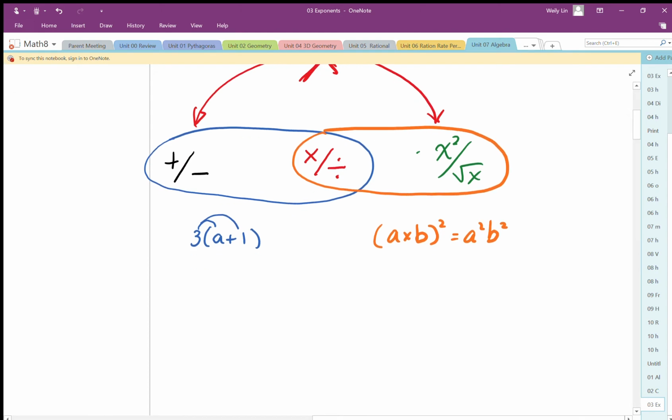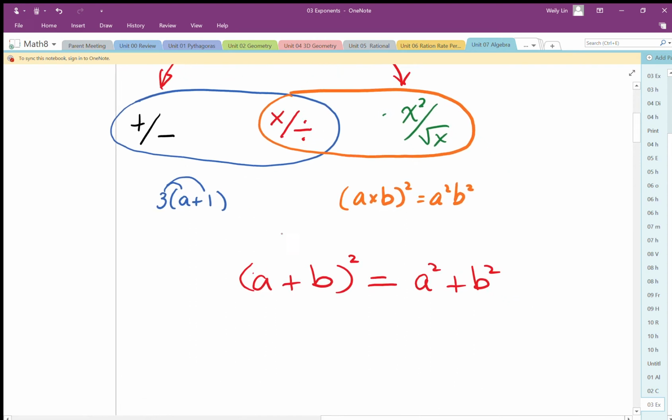A good example would be this. If I have a plus b and I square it, lots of people like to say, well, this is just like distribution, it's just like powers. I can just distribute those powers. This is not true. It never works.